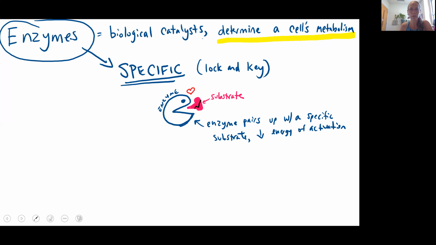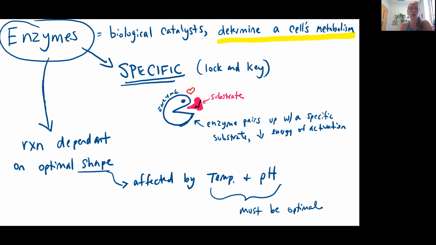Enzymes match up with specific molecules called substrates, and each enzyme matches up with a particular substrate, just like a single key fitting into the lock. Essentially, when that substrate binds with the enzyme, it makes that reaction happen easier. So it could either be an anabolic or a catabolic reaction.